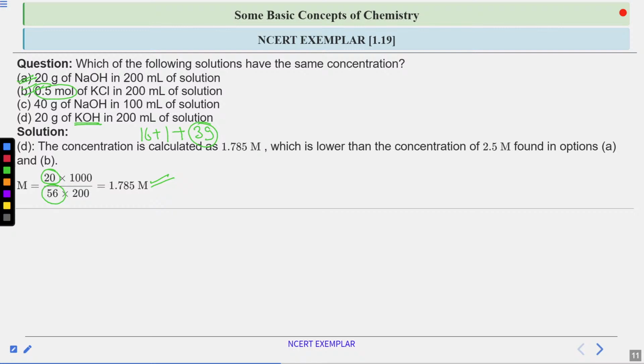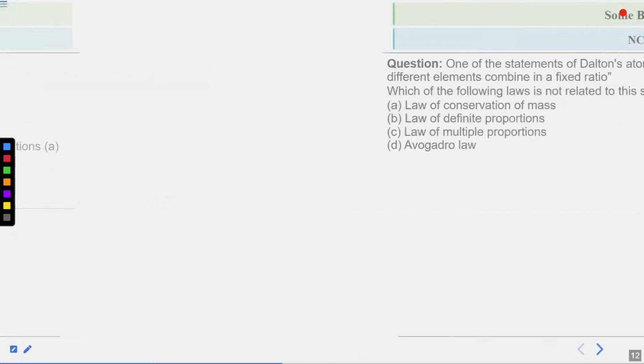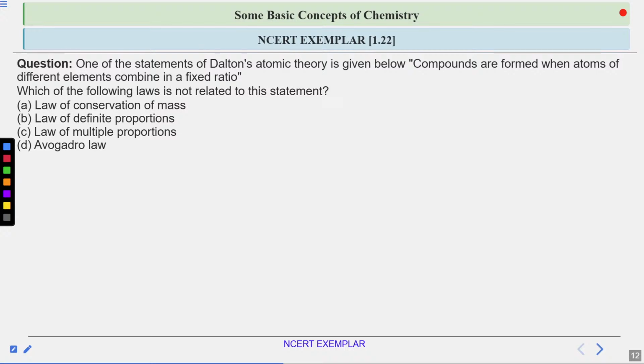Now moving on to the next question. One of the statements of Dalton's atomic theory is given: compounds are formed when atoms of different elements combine in a fixed ratio. This is a very conceptual question related to two topics. First is Dalton's atomic theory and second is the law of chemical combination.